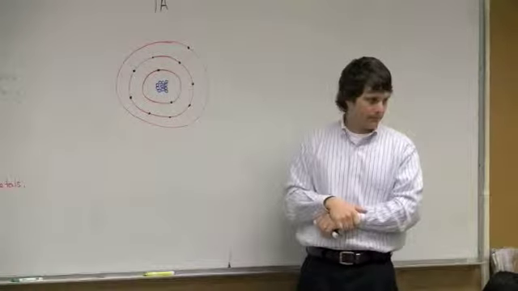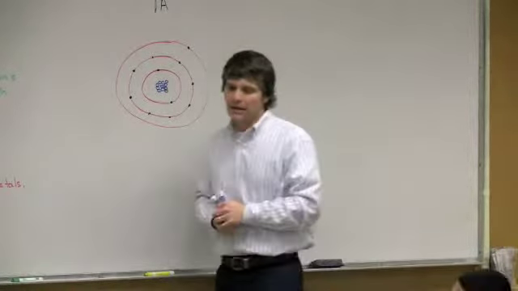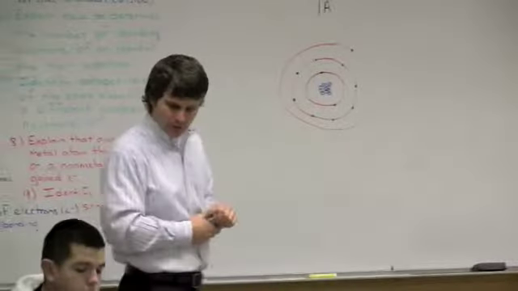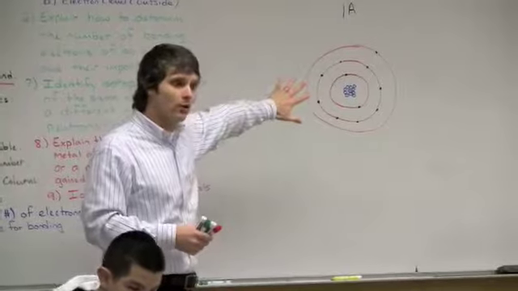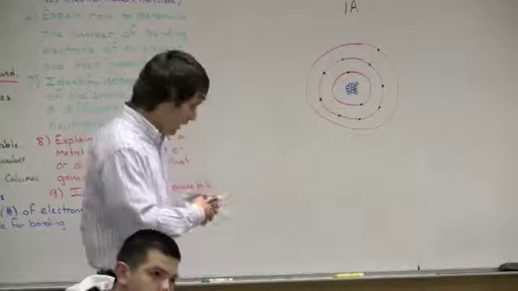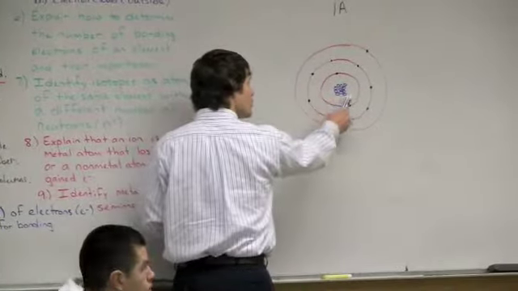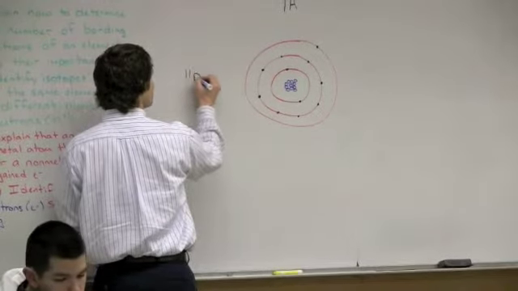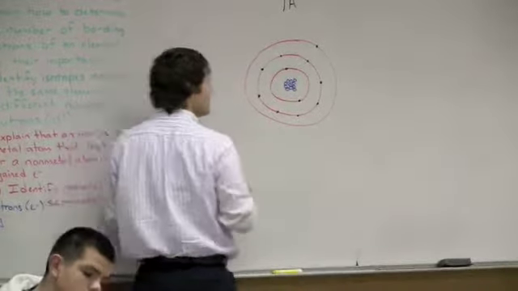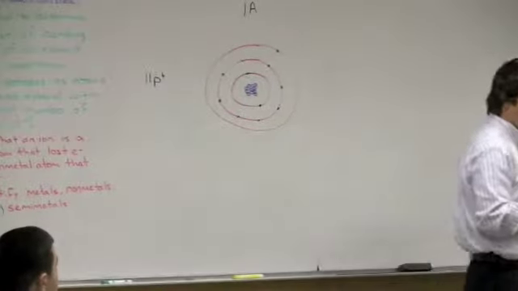There's sodium. Now, please take a look at letter A for question number 1. It asks what the charge on this sodium atom is. Well, right now, we just drew 11 positive protons, because sodium is number 11 on the periodic table.